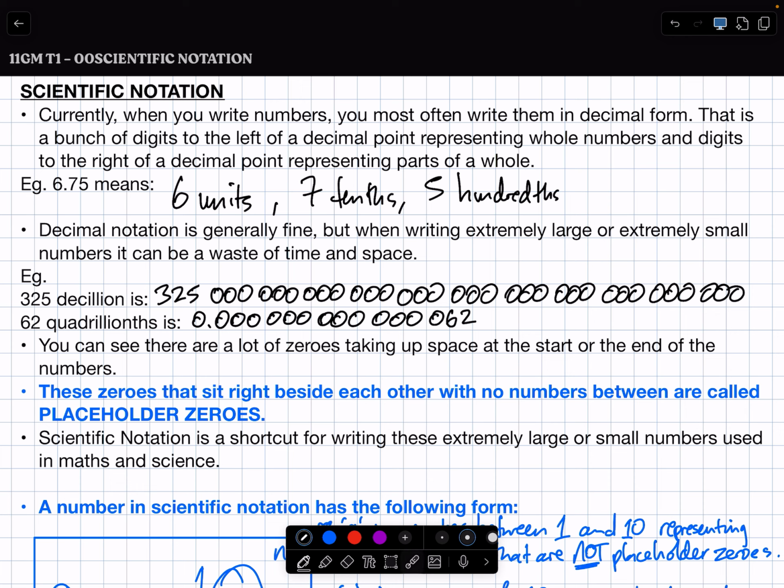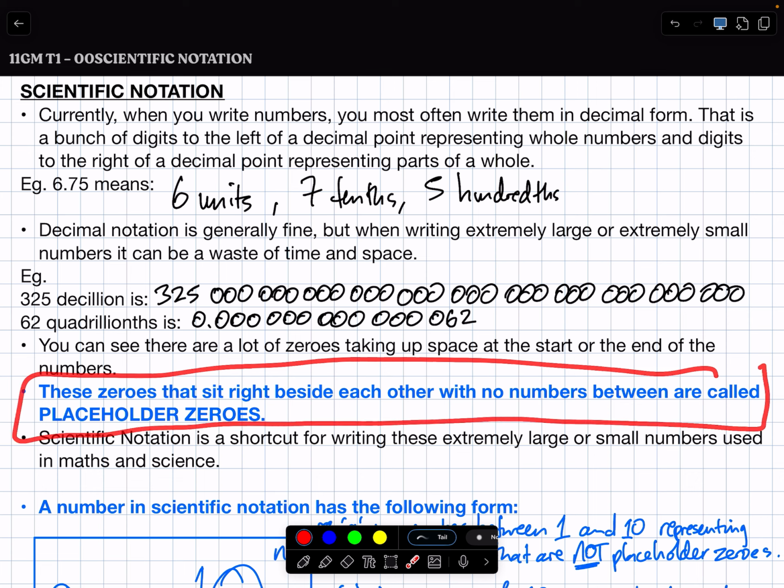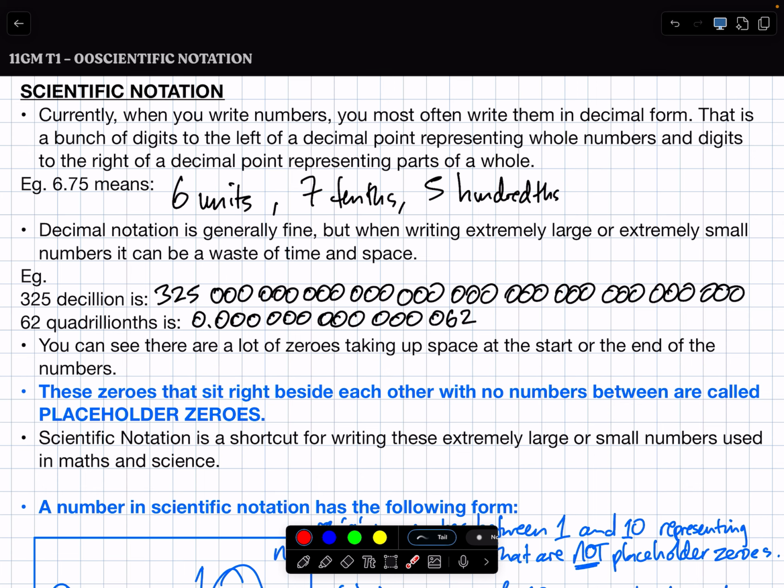So you can see there's a truckload of zeros taking up space at the start or at the end of the numbers. This is your first writing. These zeros that sit right beside each other that have no numbers between, they're called placeholder zeros. The only reason for these zeros' existence is to push that 325 all the way over to the left to show us how big that number is. What's the purpose of all these zeros here?